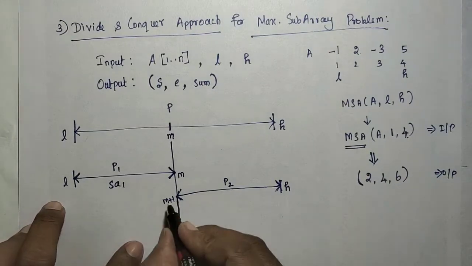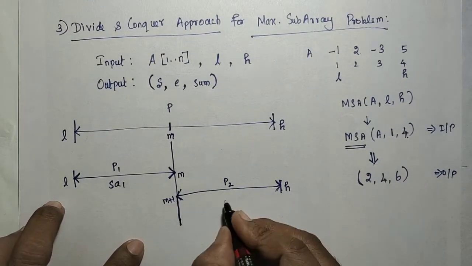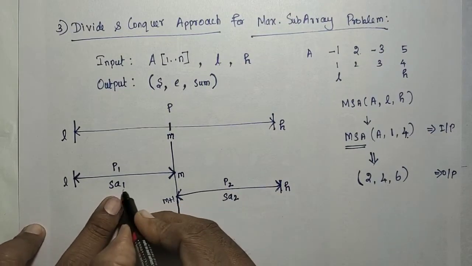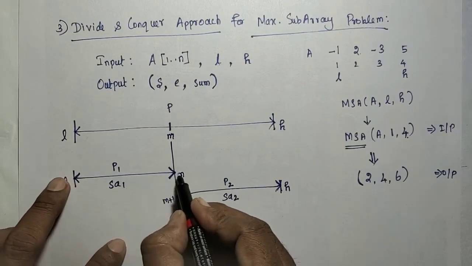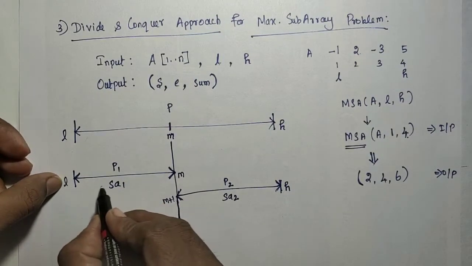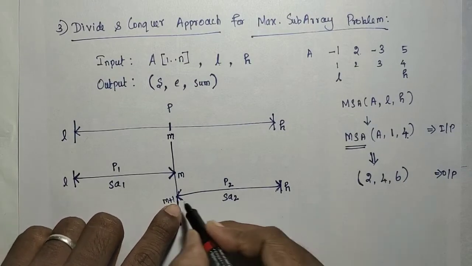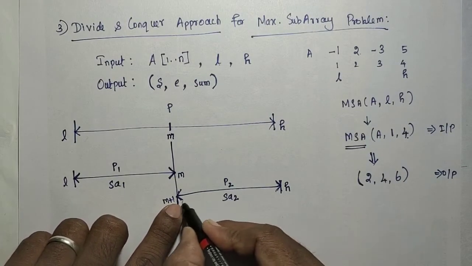From the range M plus 1 to H you find the maximum subarray, that is subarray 2. Here, some procedure is going to be applied for finding the maximum subarray within the range L to M. The same procedure is going to be applied for finding the maximum subarray within the range M plus 1 to H.